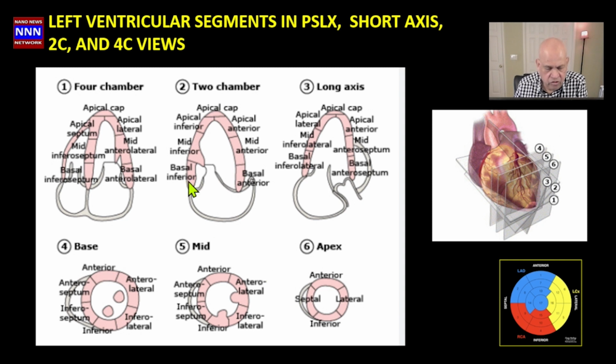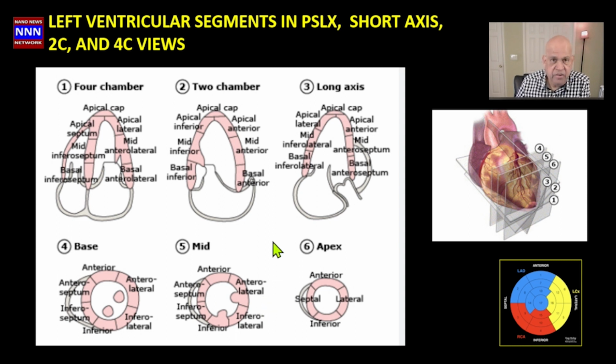And if a person has, for example, an inferoseptal inferior infarction, it may involve the inferior basal region, it may involve the inferior mid segment, it may involve the apex, and also sometimes the anteroapical region, depending upon the location of the infarction.